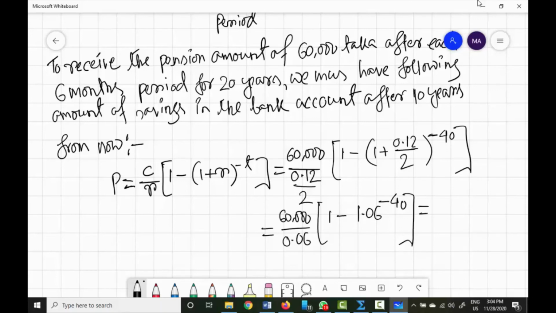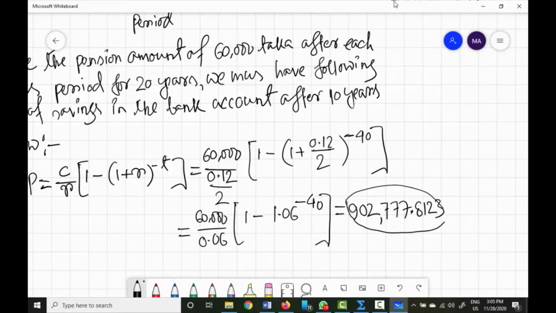We could do it directly also: 60,000 divided by 0.06, bracket 1 minus 1.06 power minus 40, bracket close. So the value will be 902,777.8123 taka.